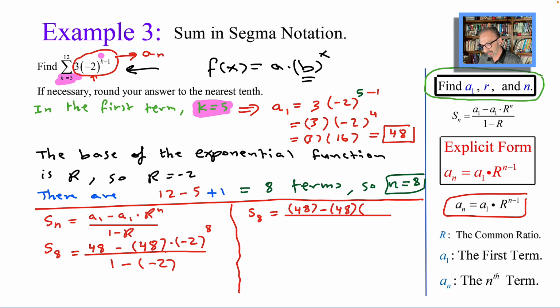Using a calculator, that is 256. 256, all divided by 1 minus -2, which is 1 plus 2, and that is 3. Using a calculator for this, I have -4080.